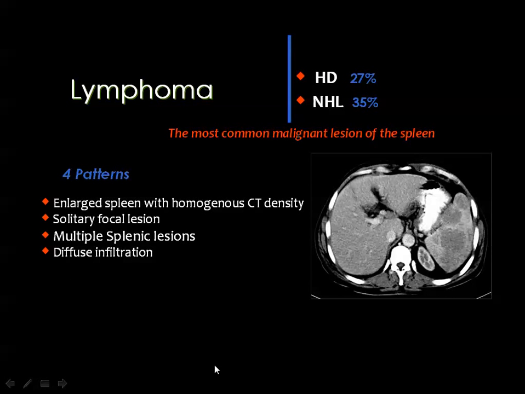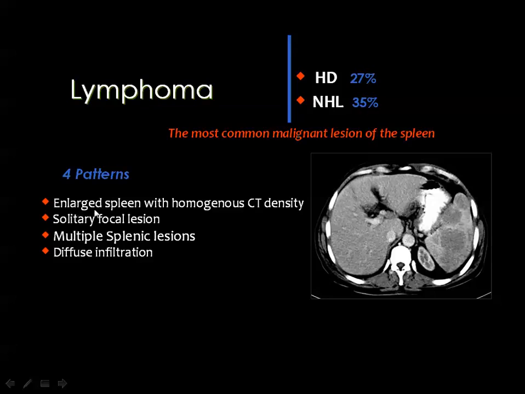And we came to the lymphoma, and lymphoma is the most common malignant lesion of the spleen. The spleen is involved by Hodgkin disease in about 27% of the cases, and in cases of non-Hodgkin lymphoma in about 35% of the cases. We have four patterns of splenic involvement by lymphoma.